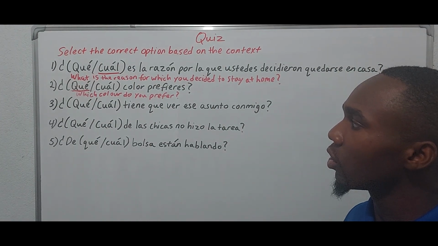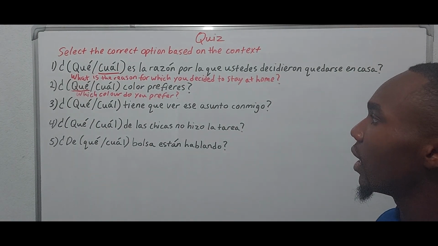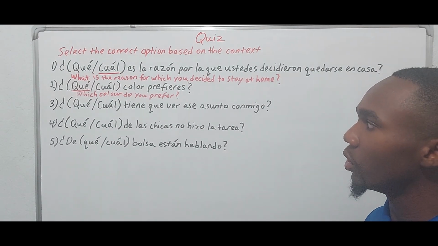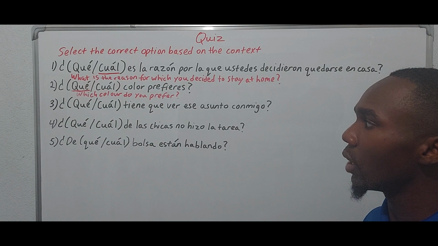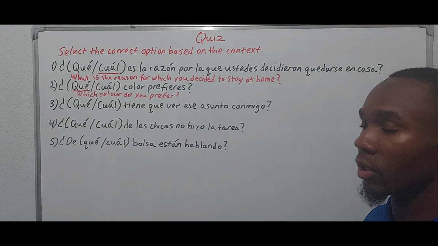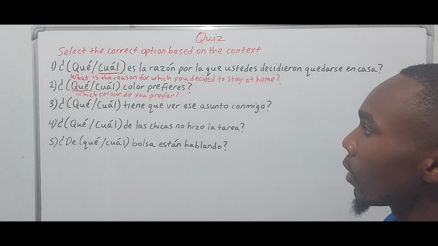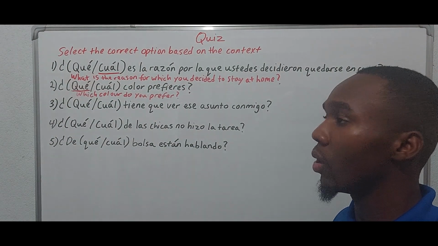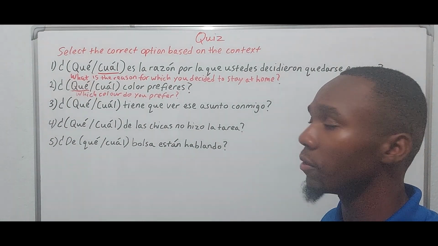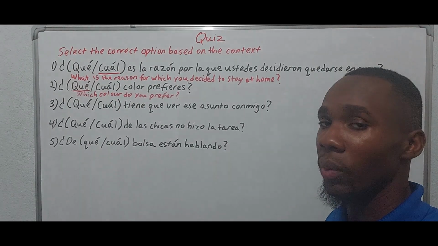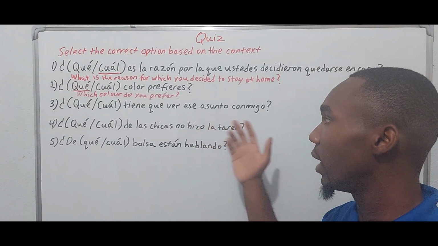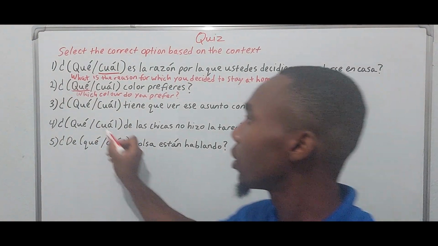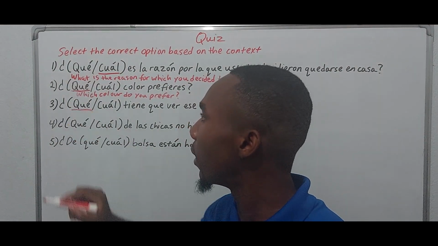Tres, ¿qué o cuál tiene que ver ese asunto conmigo? Okay, so the context is that we're using qué or cuál with another verb, a verb apart from ser. And remember the uses. So we use qué when we want to ascertain specific information, and we use cuál when we have choices. Are there any choices? No. Therefore, qué. Right?